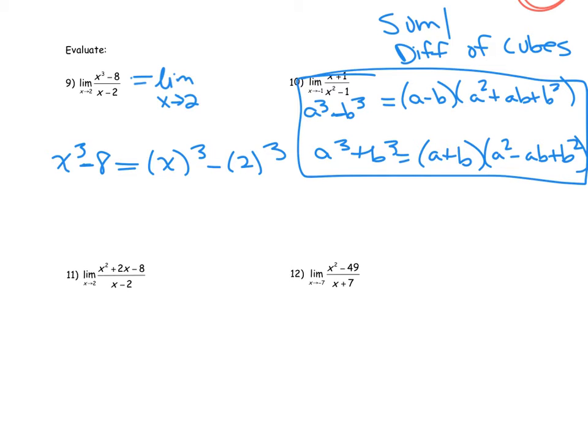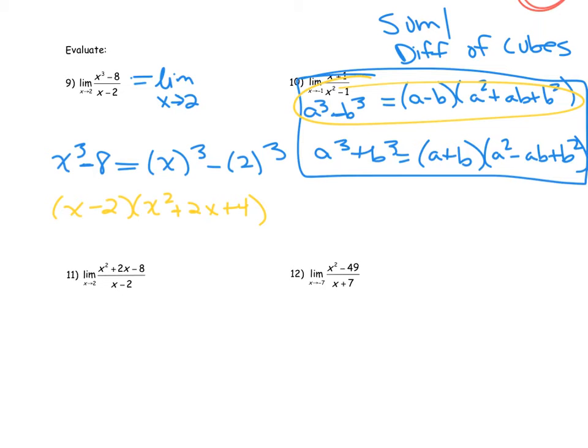So using my formula here on the right, I'm going to rewrite this x cubed minus 8 is really x minus 2 times x squared plus 2x plus 4. So I'm going to write that up here.